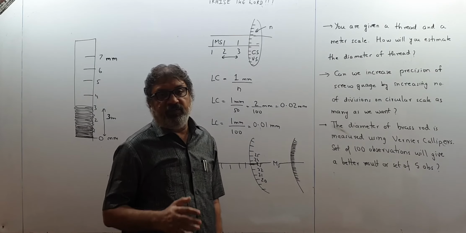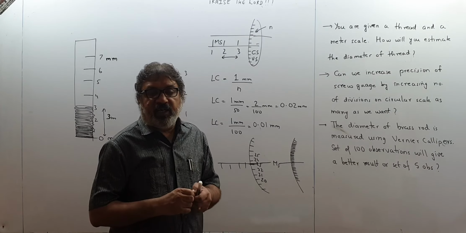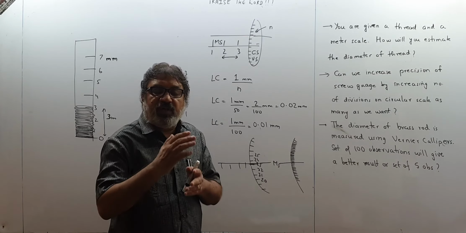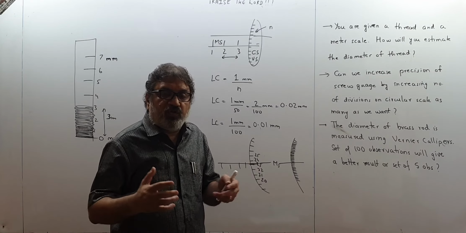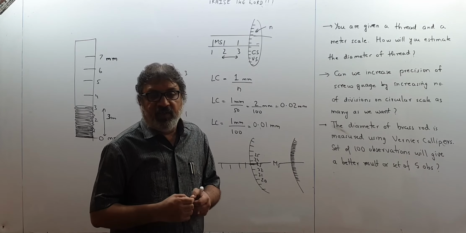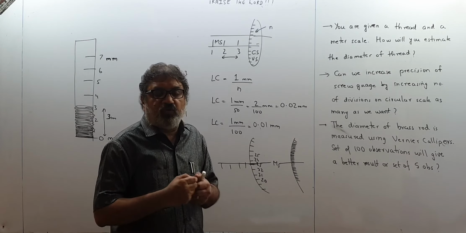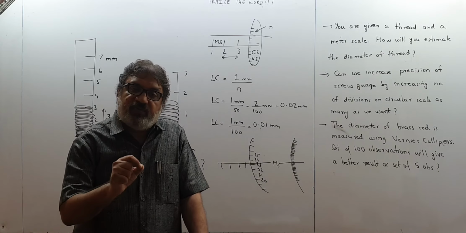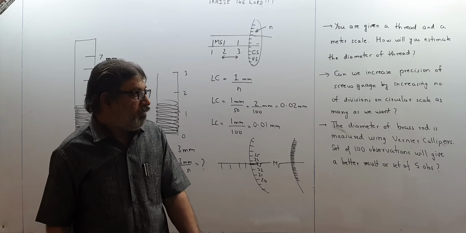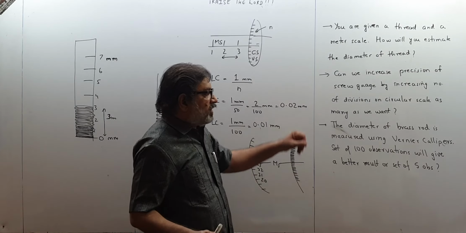We should make only so many divisions that we are able to identify very easily, without straining our eyes, which division is coinciding with the main scale. There should not be so many divisions that they become so close to each other that it becomes very difficult to make out which division of the circular scale is coinciding with the main scale. So that is the answer for this question.